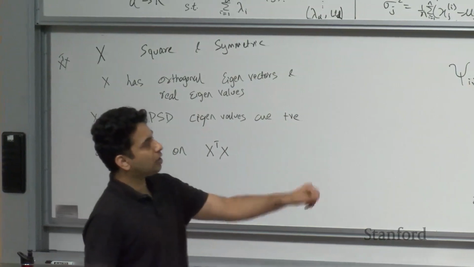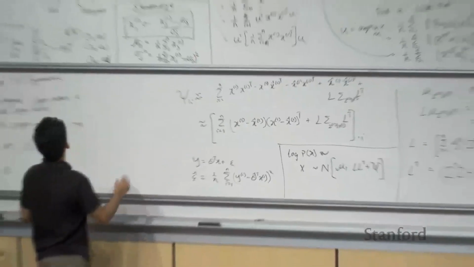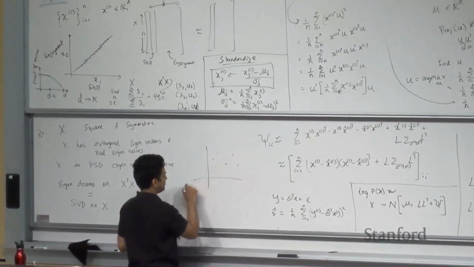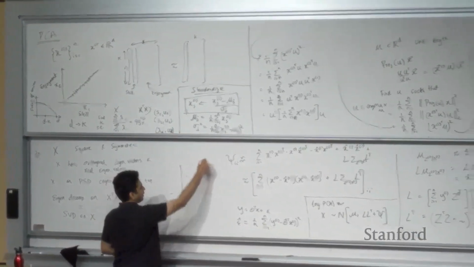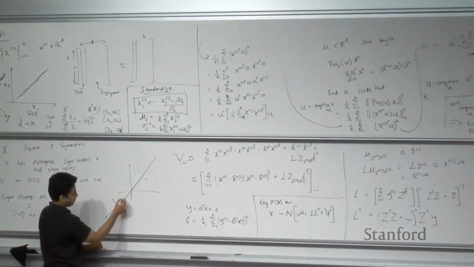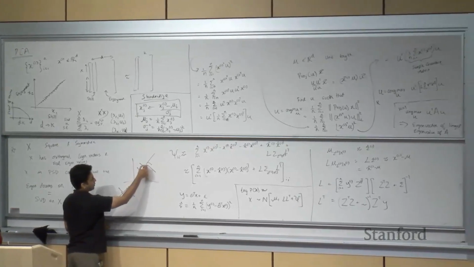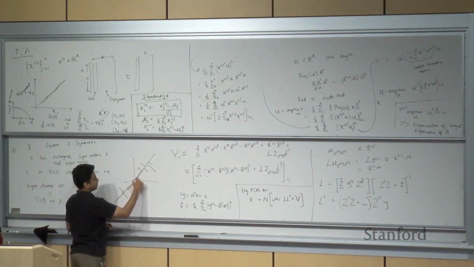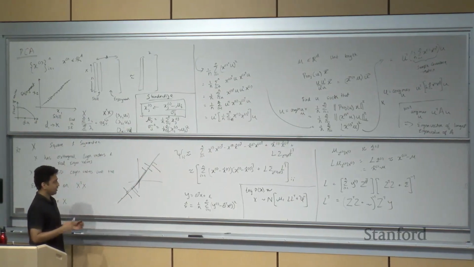So here we saw the variance maximizing argument, where we want to find a hyperplane such that if you take the projections, then the variance of the projections, so this distance, this distance, this distance, this is basically the spread of the projected points, is maximized.